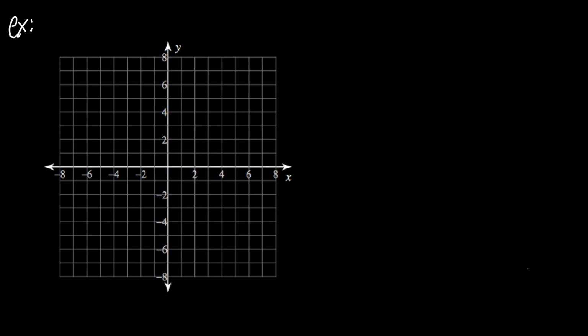This example will be practicing graphing different functions that have been shifted vertically and horizontally. So we're just going to look at the graph of y equals absolute value of x. You guys should all know what this looks like. Let's do some horizontal and vertical shifts to this function.